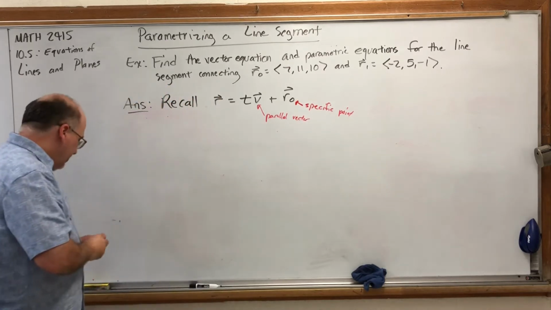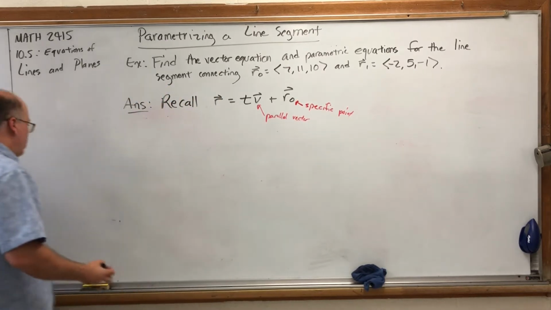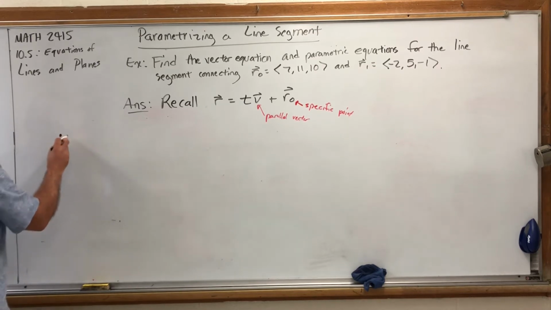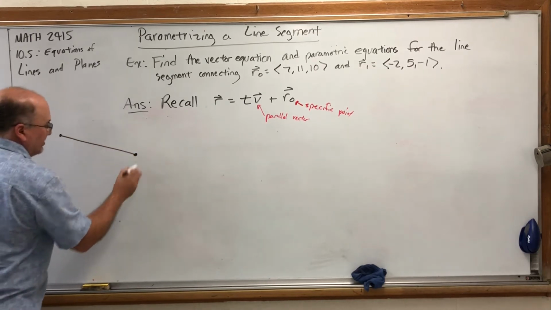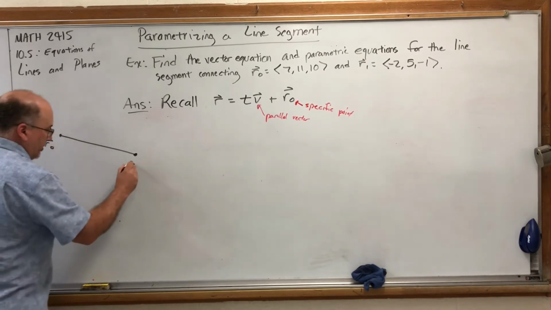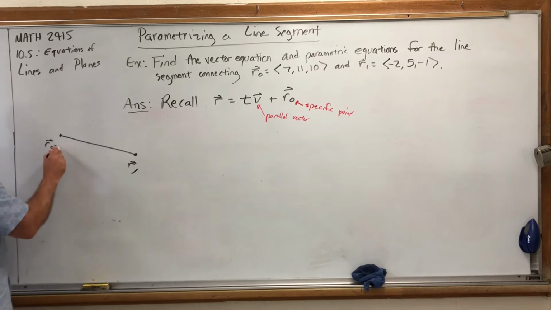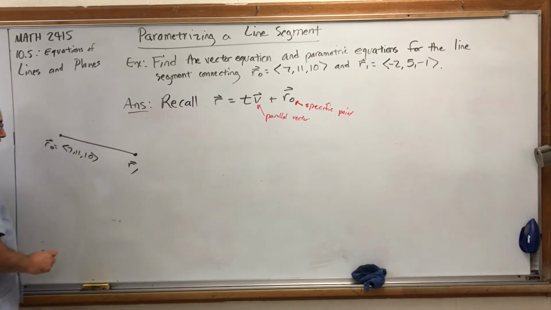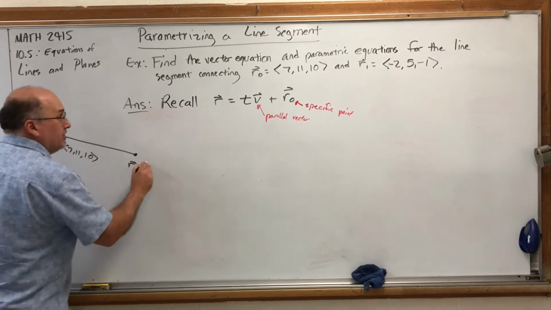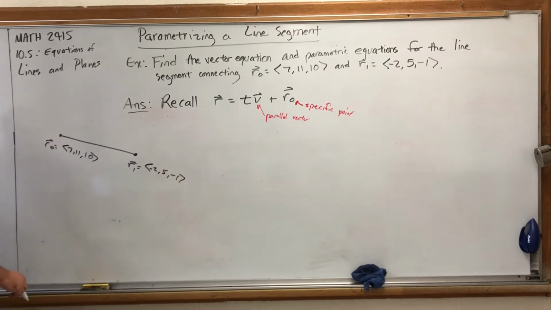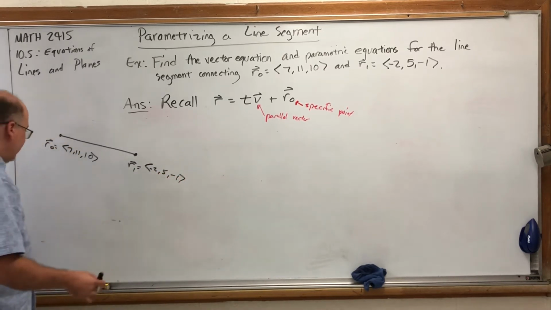Well, we're not given a parallel vector, and again, it might help to draw a picture of this. You can draw your frame of reference however you want, but I'm not going to draw a standard x, y, and z axis. I'm just going to put the two points up here, r0 and r1. r0 being the vector <7, 11, 10>, or rather I should say the point (7, 11, 10), and r1 being the vector <-2, 5, -1>, and again I should say the point (-2, 5, -1).